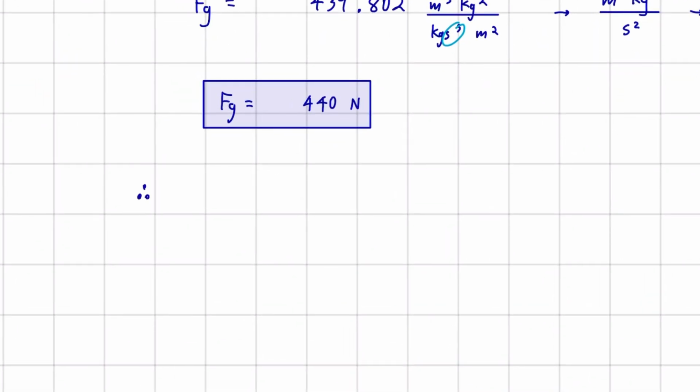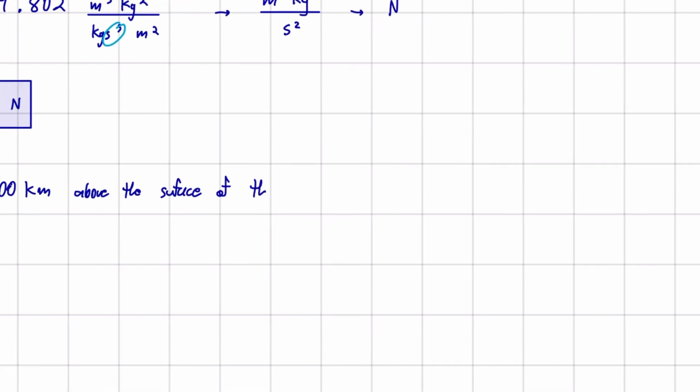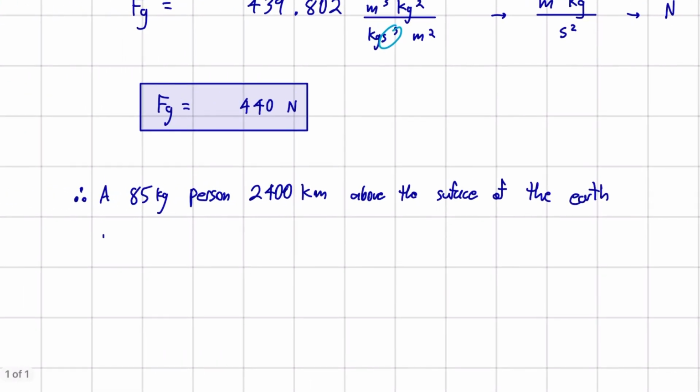So therefore, a 85 kilogram person 2,400 kilometers above the surface of the earth would weigh how much?